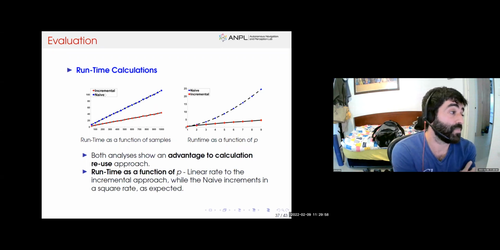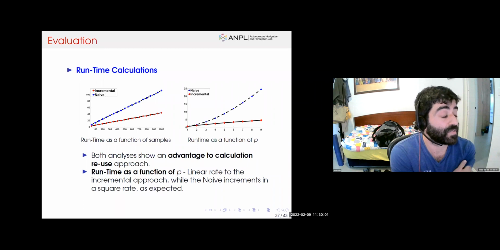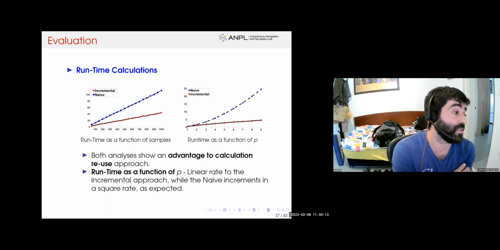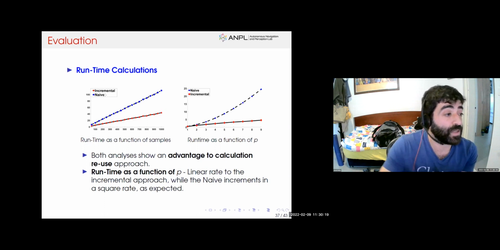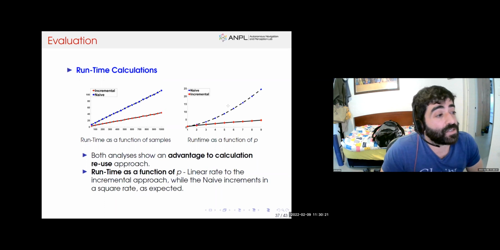When we compare the runtime as a function of the samples, we see a linear growth in both of these plots, but we can see that the rate using the naive approach is higher than that of the incremental approach that we suggest. Another plot, shown here to the right, is the runtime as a function of P. P is the distance from current time to our reevaluation point.